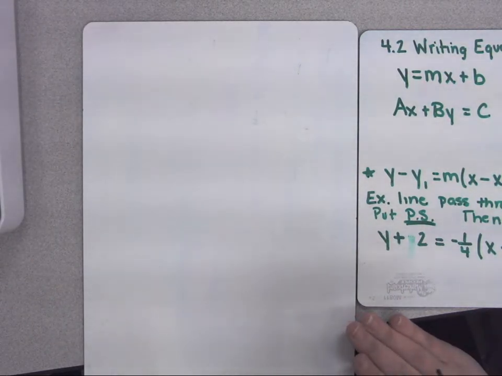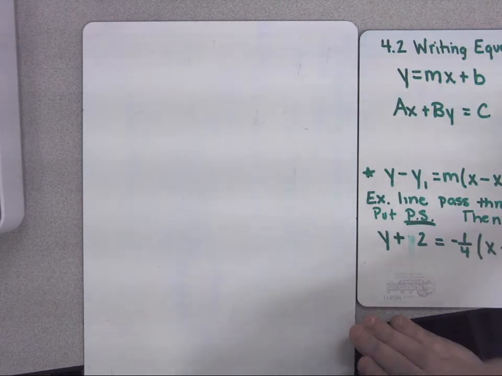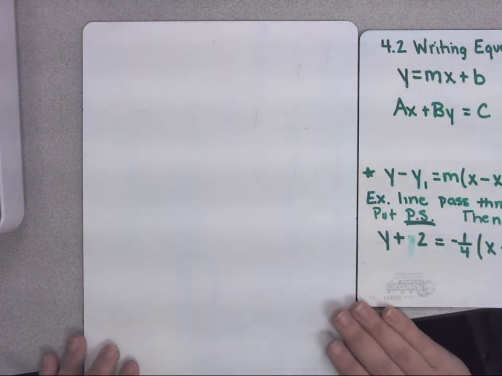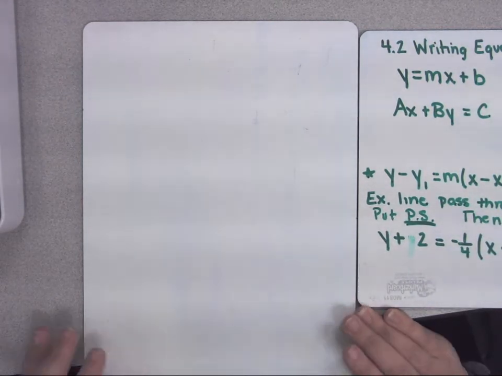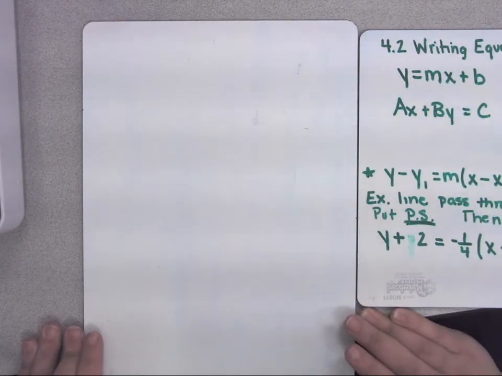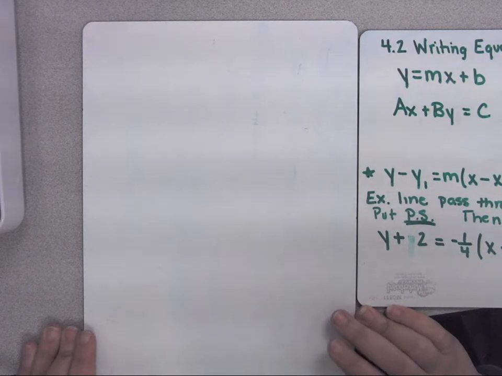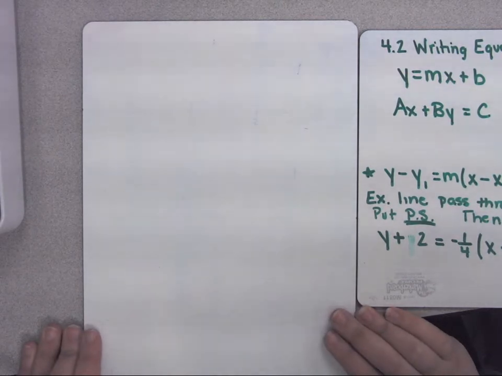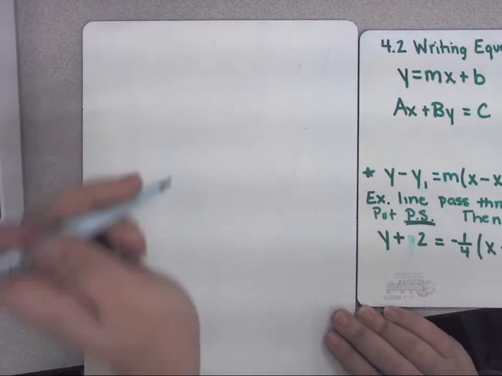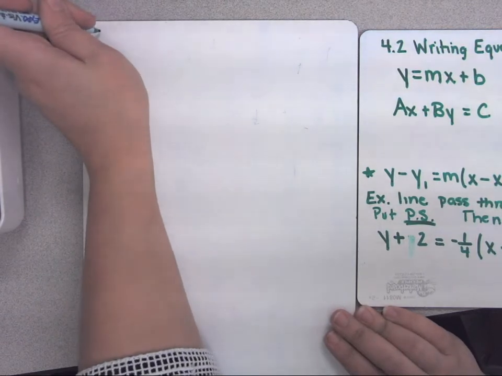You ready to try it the other way? Just find the equations. You don't have to graph these. But there is some math involved, okay? So the instructions literally say, I'll write it down for you.